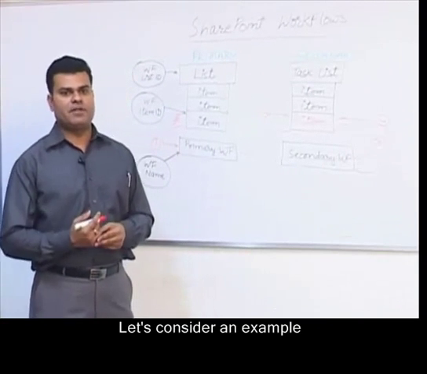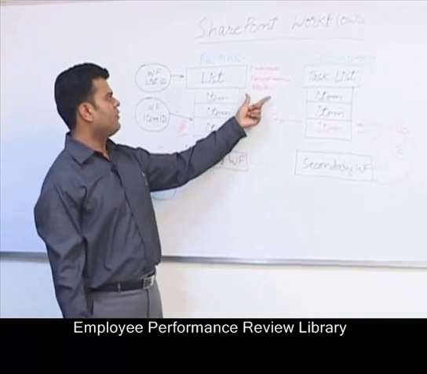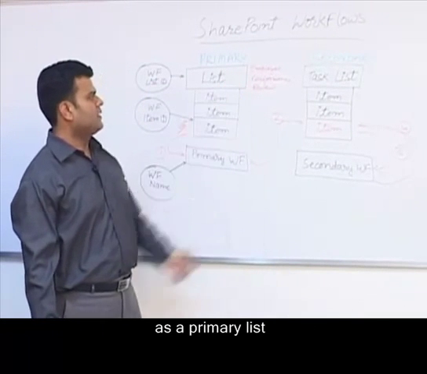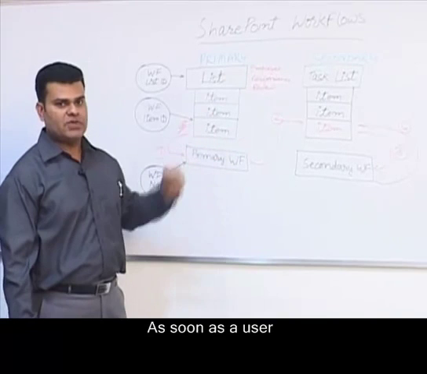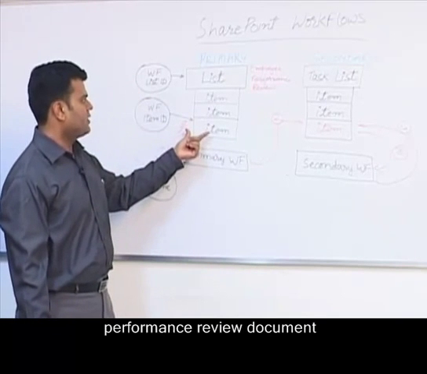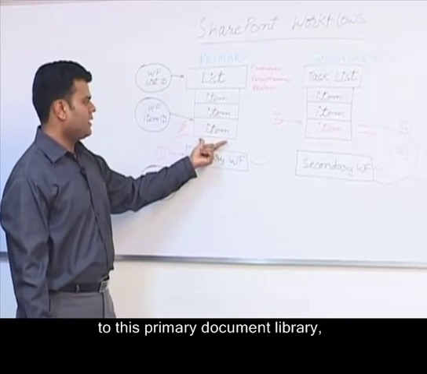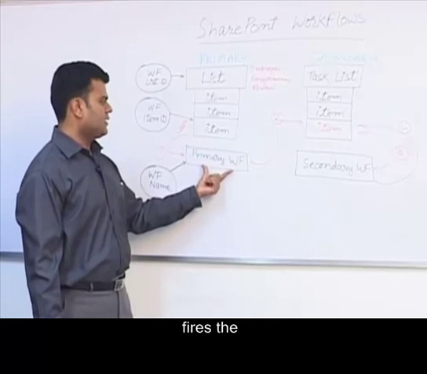Let's consider an example where we have an employee performance review library as a primary list, which has a primary workflow associated with it. As soon as a user adds a performance review document to this primary document library, this in turn fires the primary workflow.